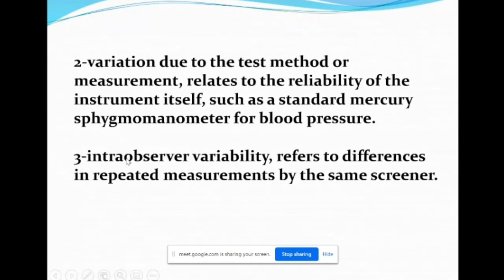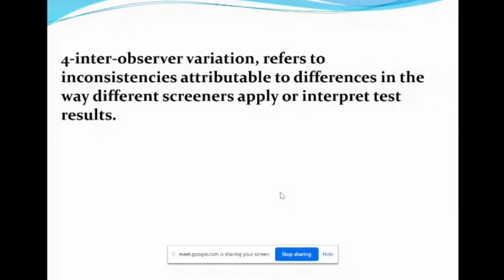The other thing is intra-observer variability, where the same screener may give different results when repeating the screening test on the same person under the same condition. Or it could be inter-observer variation. This is the variation between different screeners. That is, different screeners may give different results or interpret the results differently.